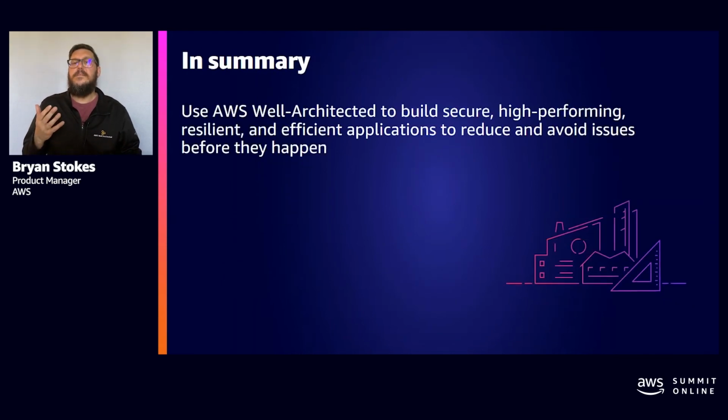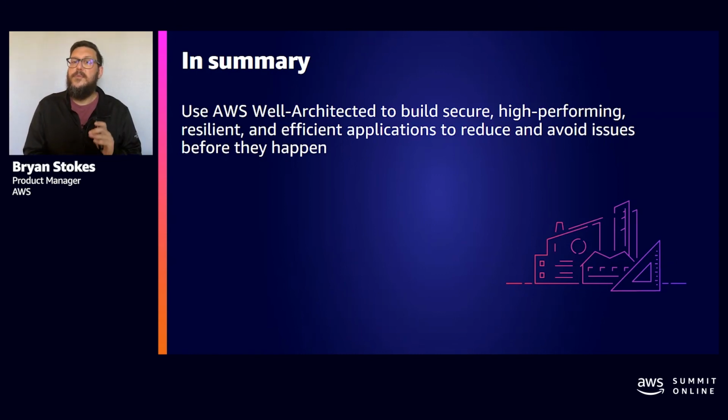So, to sum up, architectural best practices are meant to be more than best intentions. And to do that, you have to institute some systematic processes to help ensure you're able to monitor them equally across your workloads.